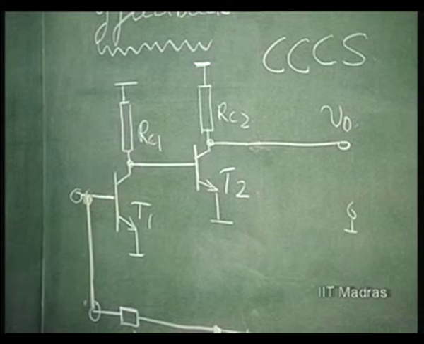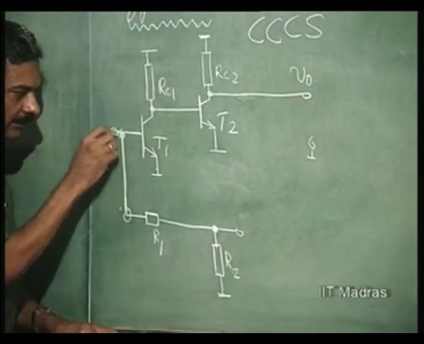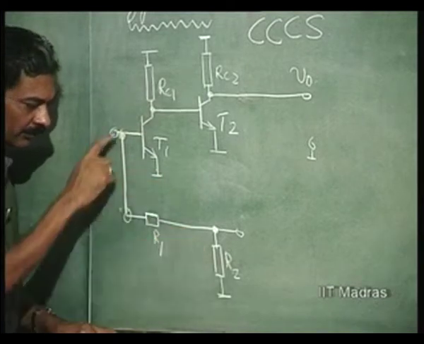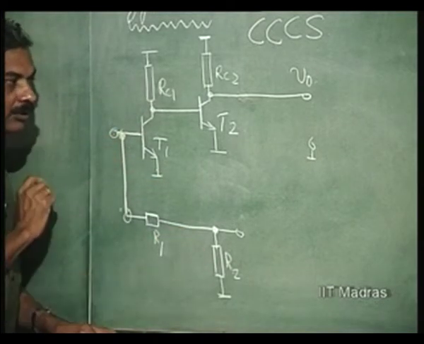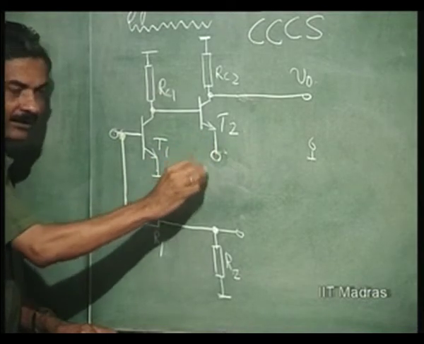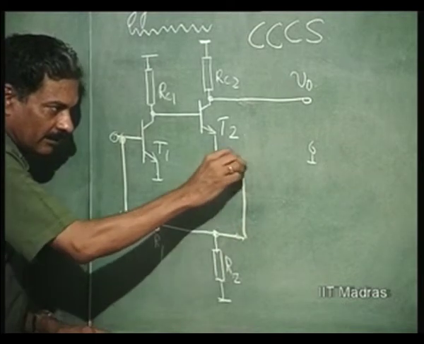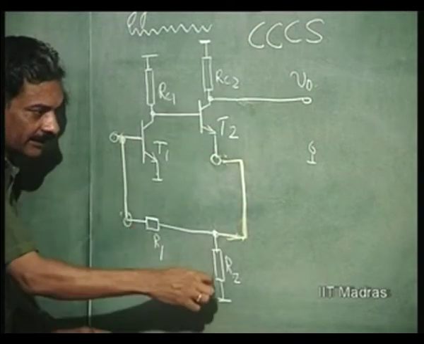So, this is the feedback network, it is in shunt at the output, common, right, voltage is common to both, and in series at the input. That means, I lift this and connect it together, lift it and connect it together in series.